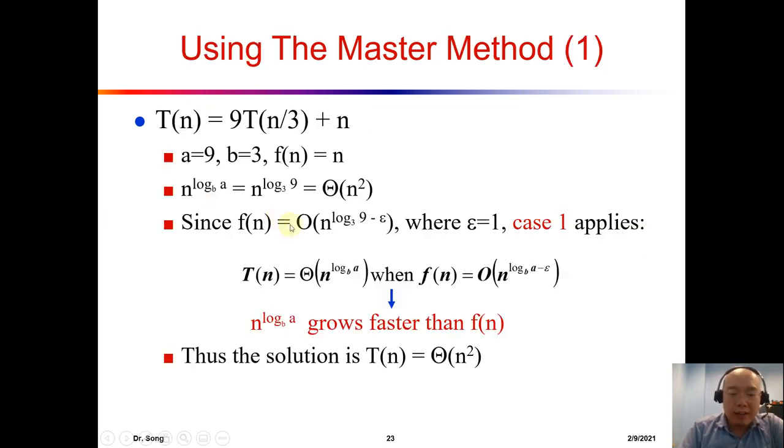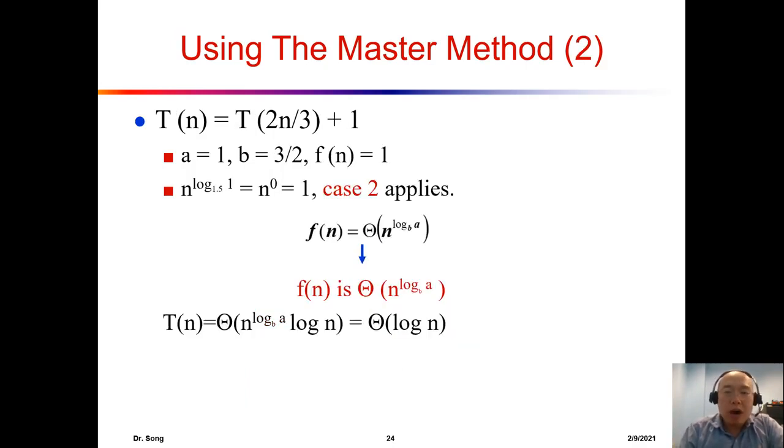So theta of n to the log_b a will give us theta of n squared, and that is the time complexity of this recursion. Okay, that's fast, right? We don't have to write a full whiteboard of equations in order to figure out this recursion. We can use case 1 of the Master Theorem, and then this is solved.